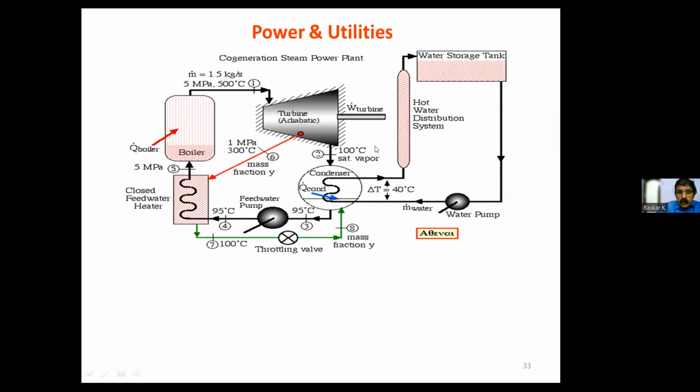Excess fuel is used for cogeneration purposes, and we are using steam to drive the turbine to produce power. One portion of steam is used for process also. We have different types of steam: LP steam, MP steam, HP steam, that is low pressure, medium pressure, and high pressure. Depending upon the process requirement, we are using different types of steam.